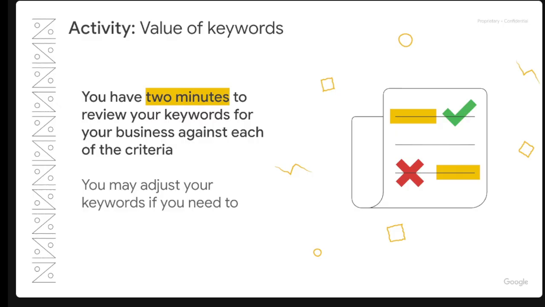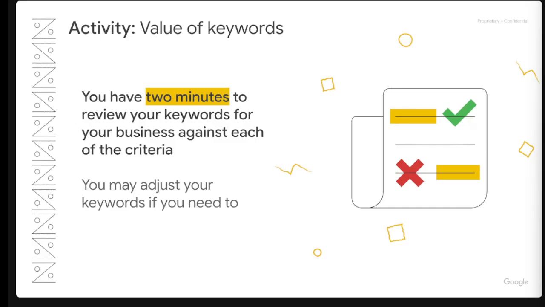in this activity. We have another short activity that we're just going to take a few minutes to do as well, and I want you to take a few moments to review your keywords. So now that we've had a practical example, think about your app and review the keywords for your business against the criteria. So again, relevance, competition, user intent, and volume.